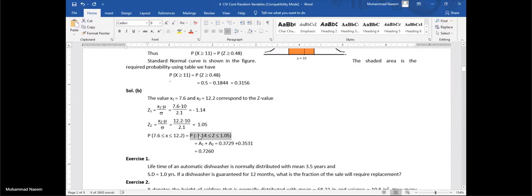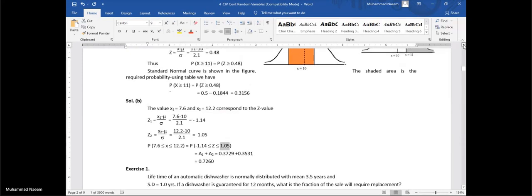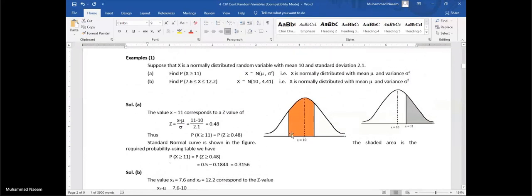So again, these points will provide area from center to this point. So for this endpoint, we are getting the tabulated area from 0 to this point, and for the other point, we have the area from center to this point.